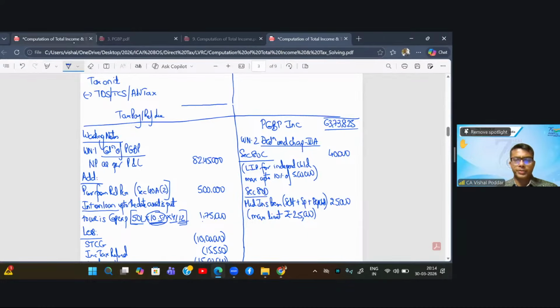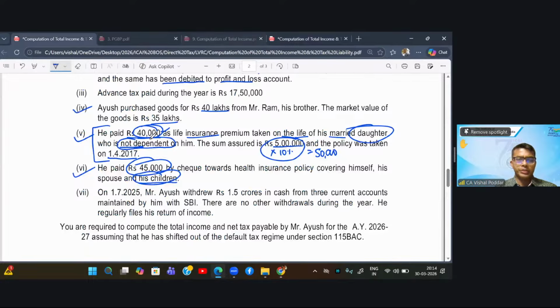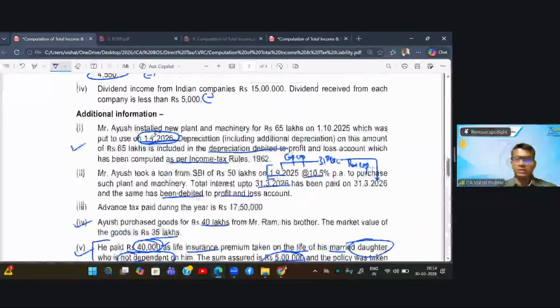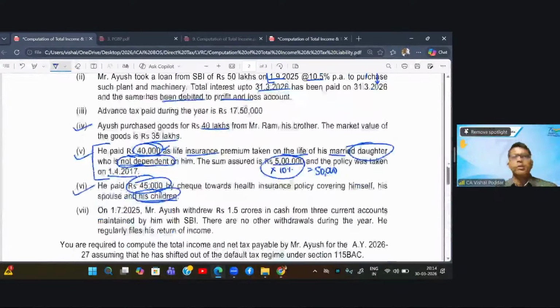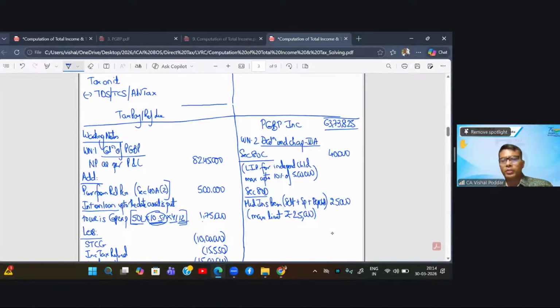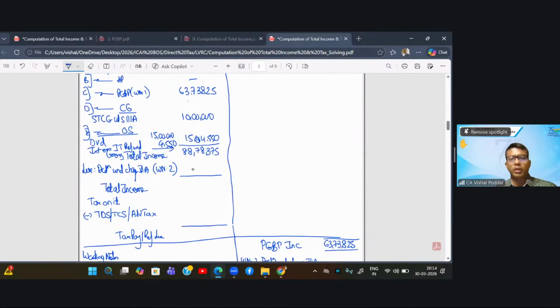Anything else? Nothing. So my total deduction is 65,000. Since it is the old scheme, all the deductions are allowed. So my taxable income is 88,13,375. Correct, students?